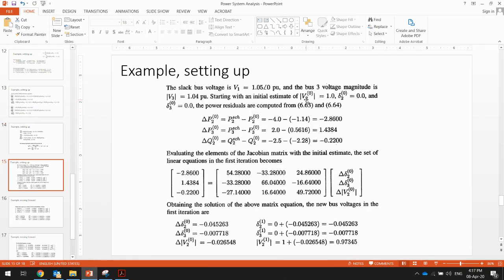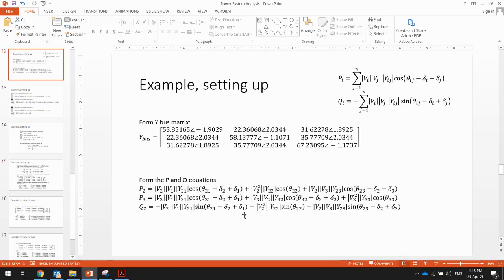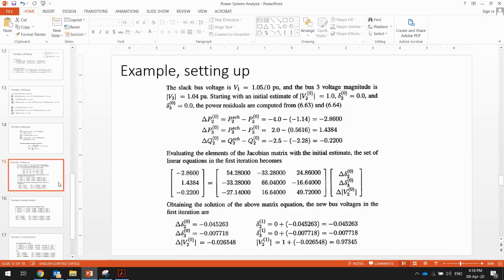Then, with the initial assumptions of V2, delta 2, and delta 3, you can apply these 3 values into the initial 3 power flow equations that we formed: the P2, P3, and Q2. If you apply these 3 assumed values into the 3 power flow equations, you obtain these 3 values.